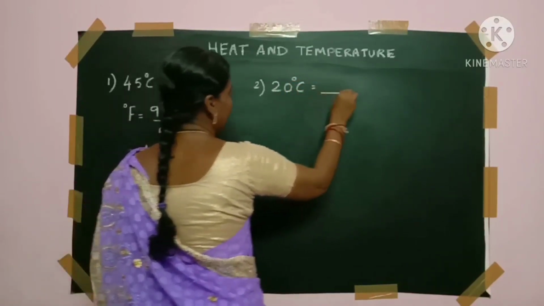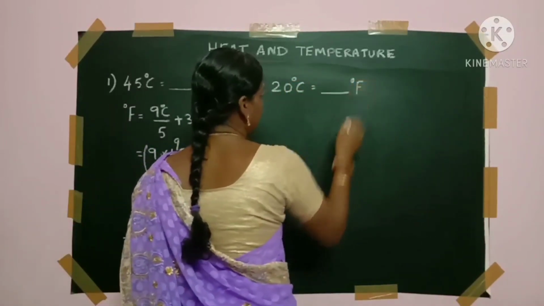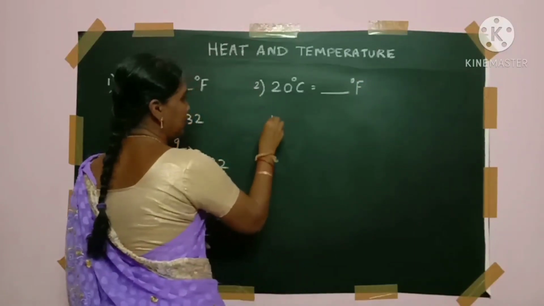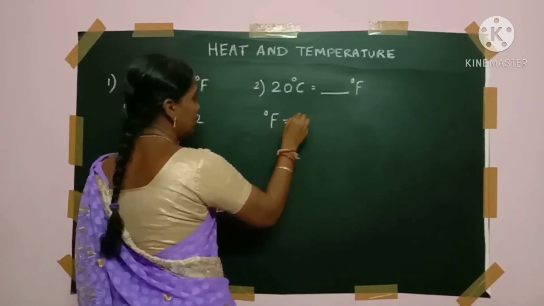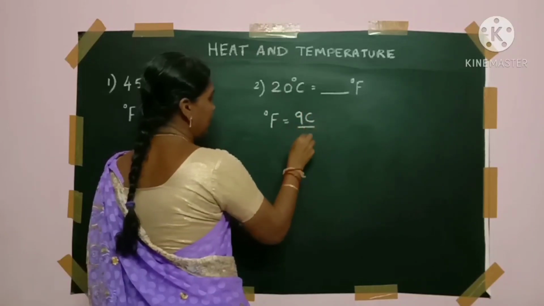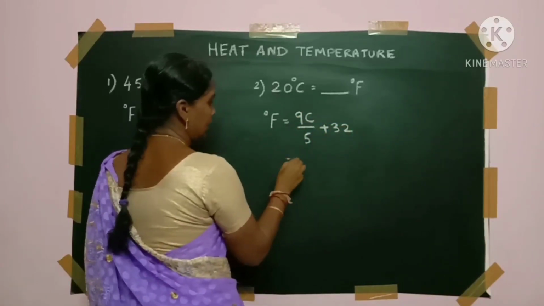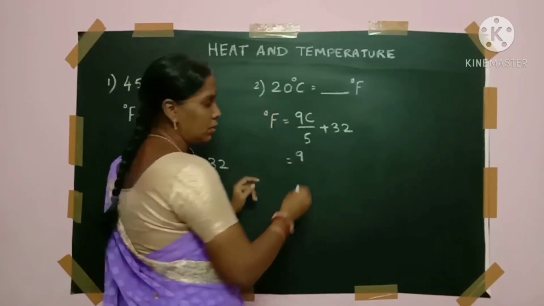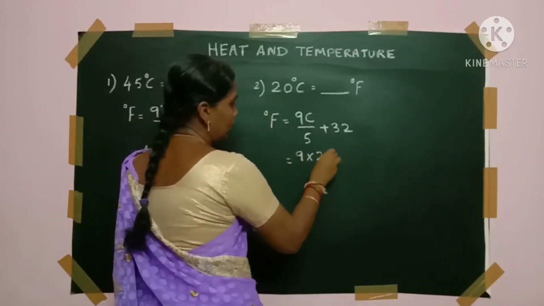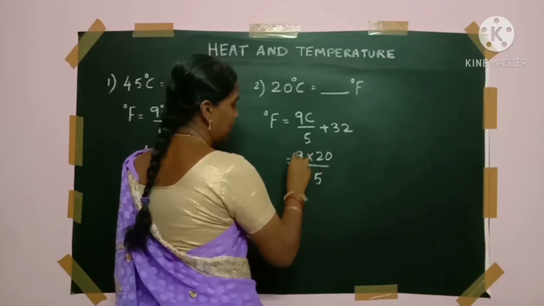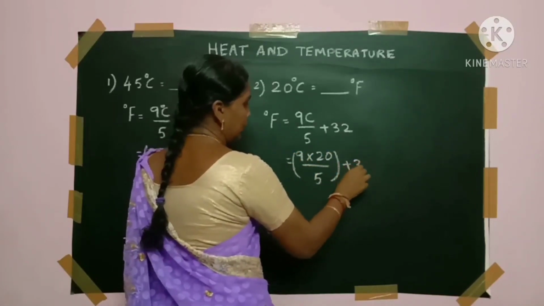And second sum, they have given 20 degree centigrade equal to dash degree Fahrenheit. So now it's the same formula. First you have to write degree F is equal to 9C by 5 plus 32. So 9 into, what's the C value here? 20. 9 into 20 by 5, plus 32.